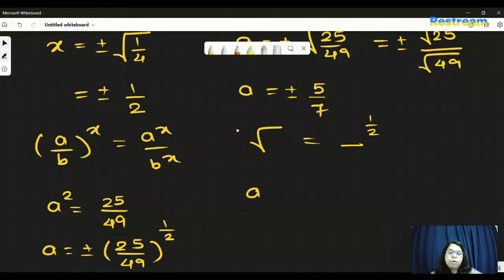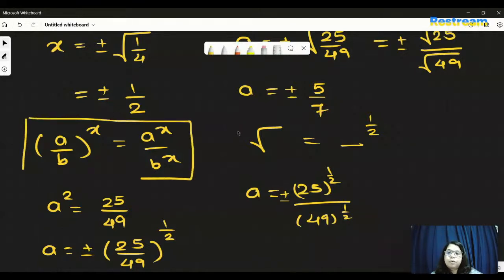So a is equal to plus or minus 25 raised to 1 by 2 over 49 raised to 1 by 2 using this rule. So that's why it is plus or minus 5 by 7.